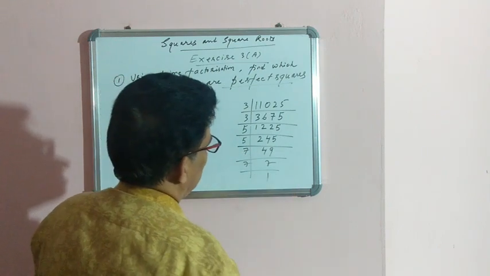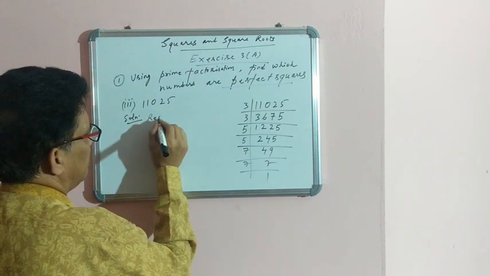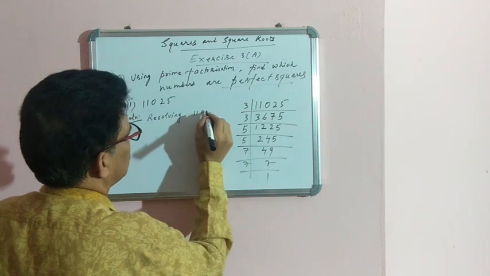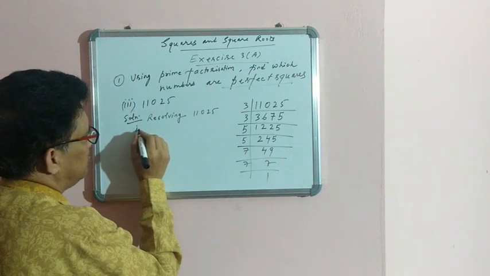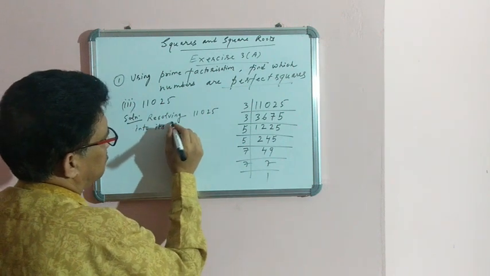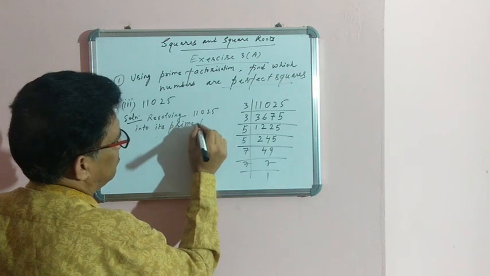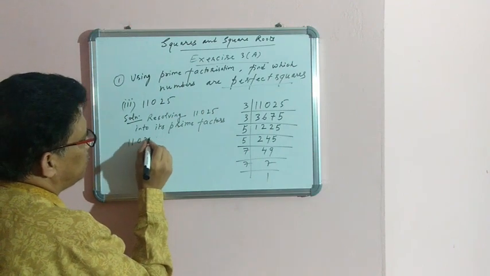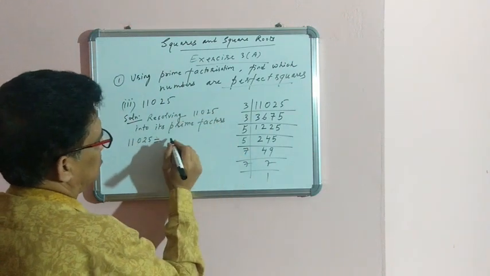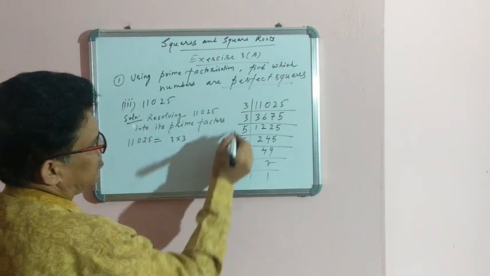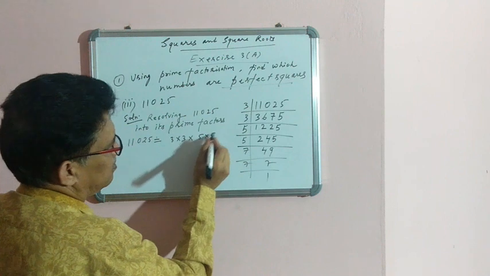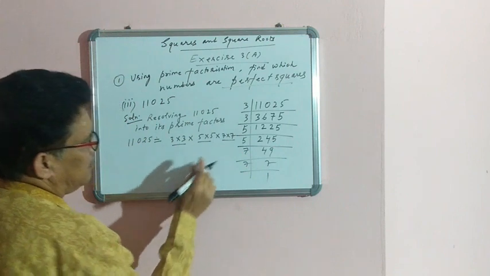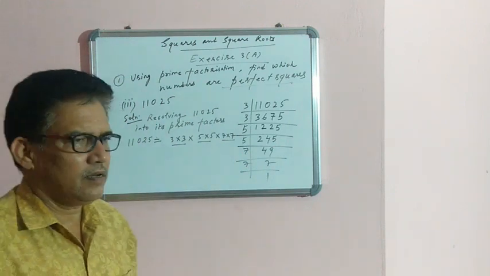So now, resolving 11025 into its prime factors: 11025 is equal to 3 into 3, then 5 into 5, then 7 into 7. You can see here that 3, 5 and 7 are all in pairs.